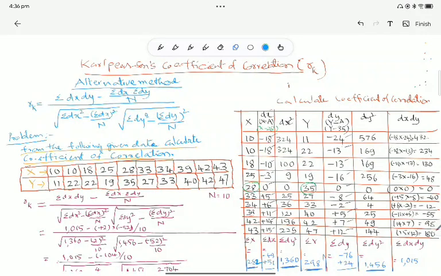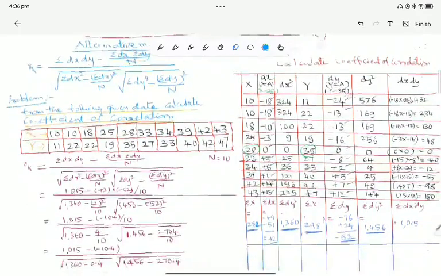All the minus values together are minus 49, and all the positive values are 51, so the sum of the deviations of x, sigma dx, is equal to plus 2. And now we'll get to the y series.